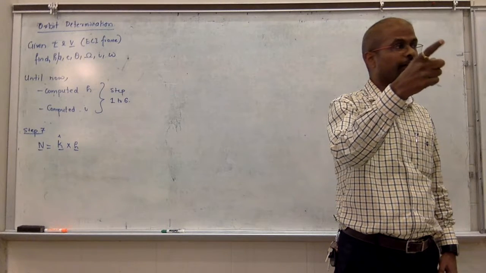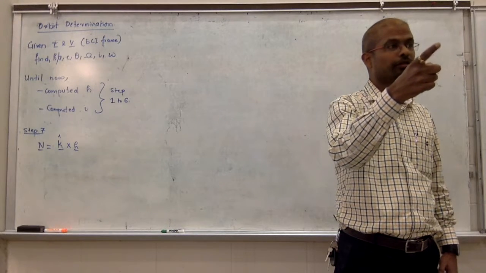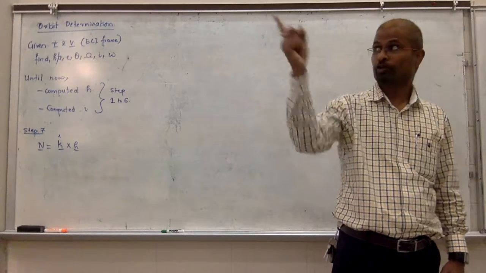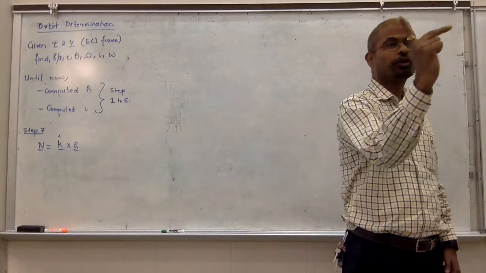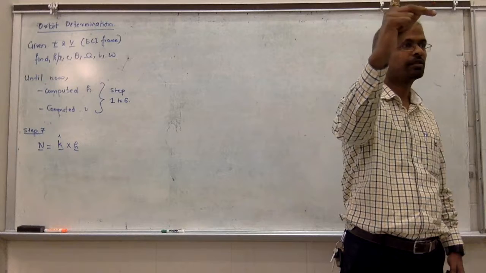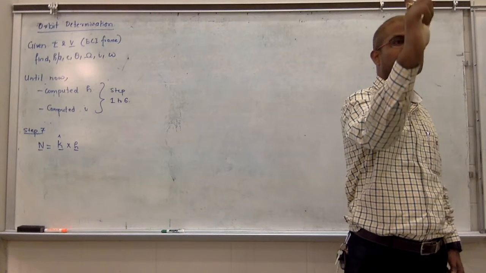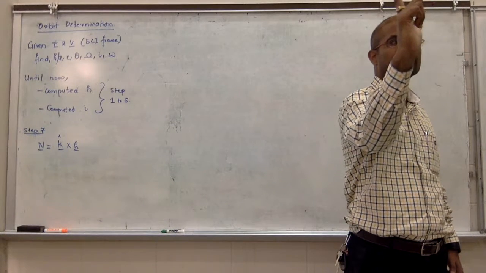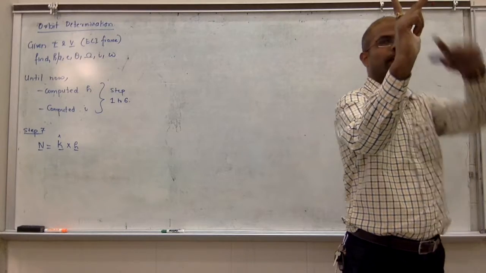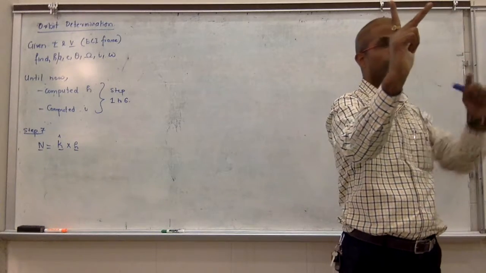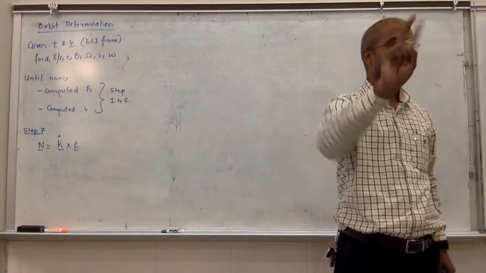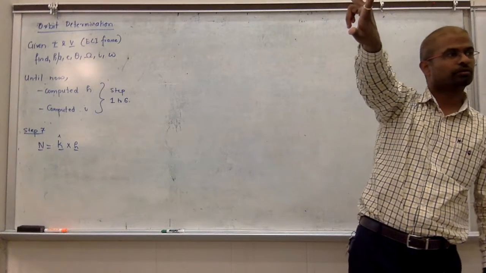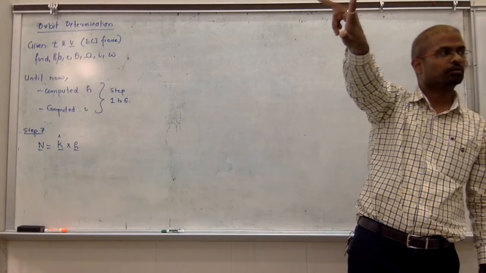One finger at a time. X, Y, and Z. So can you do that? If this is your X, if this is your Y, the Z has to be in this direction. If you do X, Y, Z the other way, it will go in the other direction. You see it?